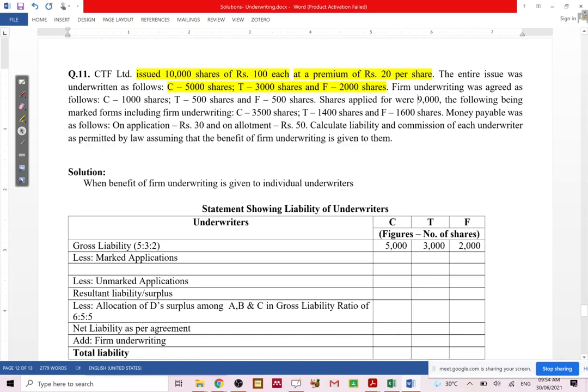That means the underwriting shares are included in these marked forms as well. We always have to separate the firm underwriting shares and keep them away from marked applications and the other applications received.